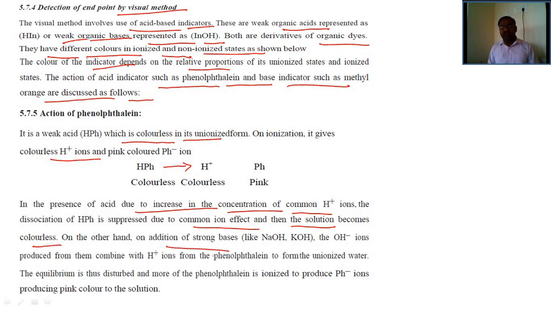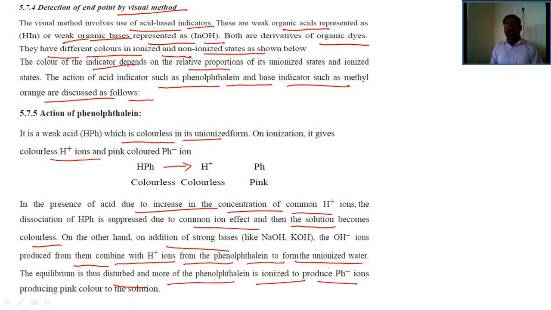On the addition of strong bases, OH minus ions produced from them combine with H plus to form unionized water. The equilibrium is thus disturbed and more of the phenolphthalein is ionized to produce Ph minus ions.